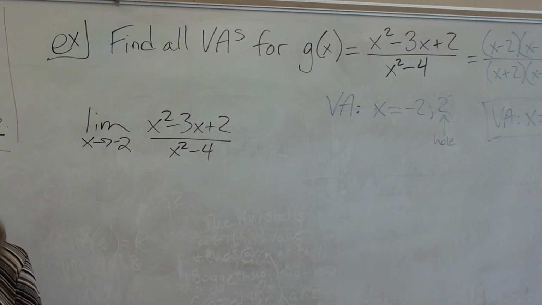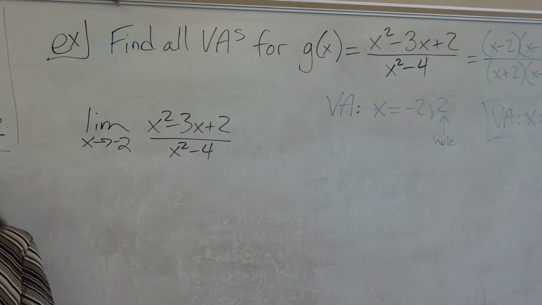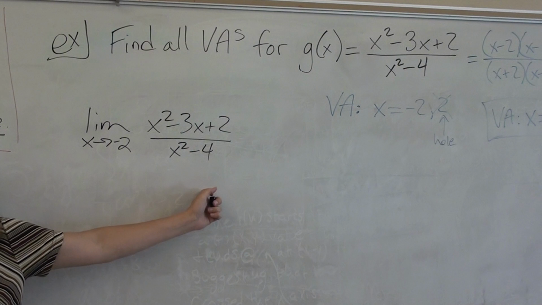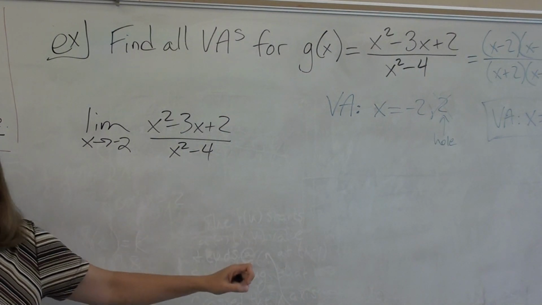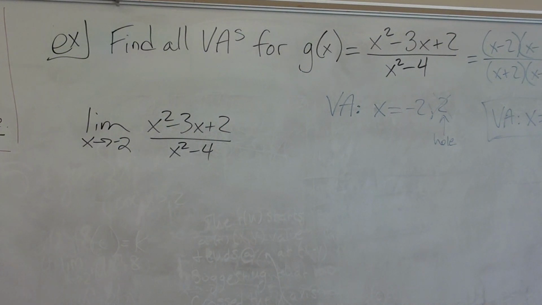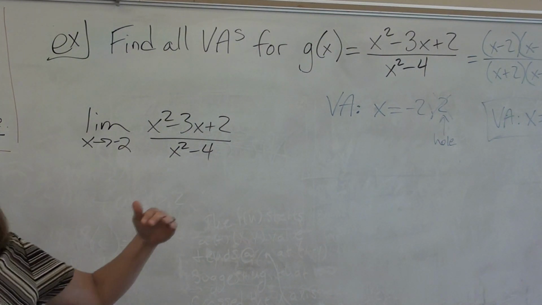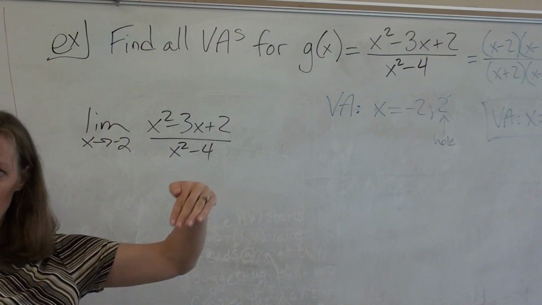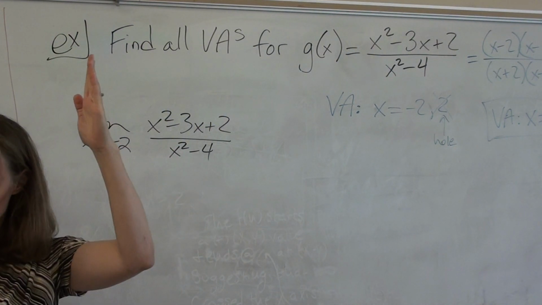In the past, 12 over 0 would mean you would just write DNE and you'd move on, right? No more. Now we know that 12 over 0 implies there's a vertical asymptote, and we need to check the limit from the left and the right, because it could do one of four things.